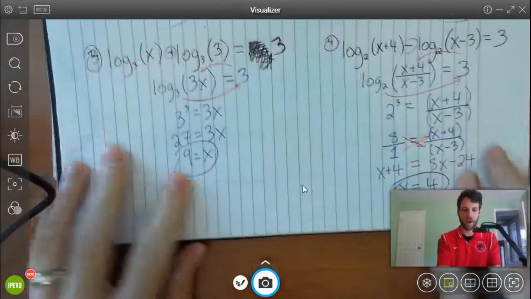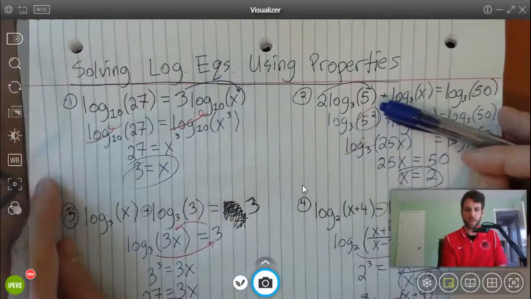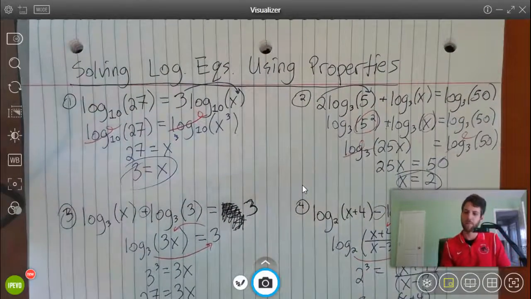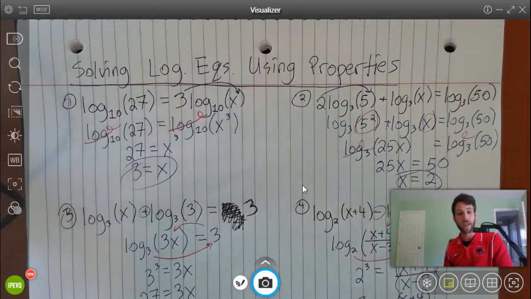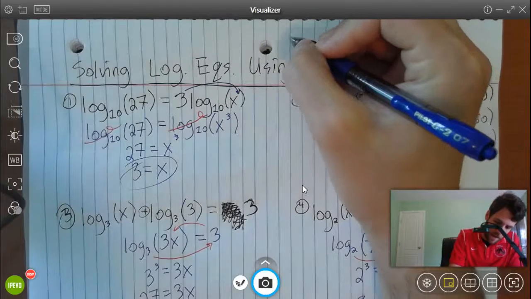An important reminder for all logarithm equations is that you can't take a logarithm of something negative. So if you ever get an x value as an answer and you put it into any logarithm where it's taking the log base whatever of a negative number, that can't happen. So up here at the top and right, a little note for everybody.